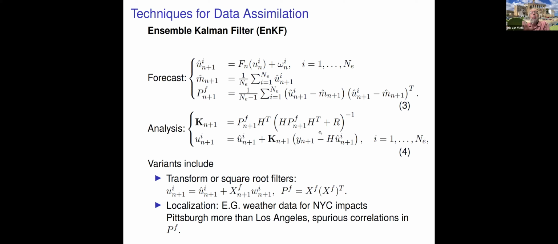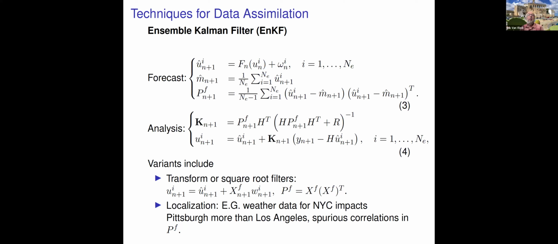One important aspect that makes these methods really work is what's called localization. You can think of localization as basically trying to localize the influence of the observations.